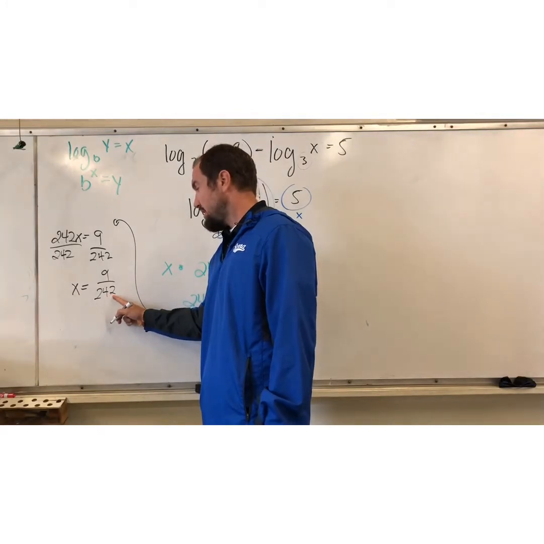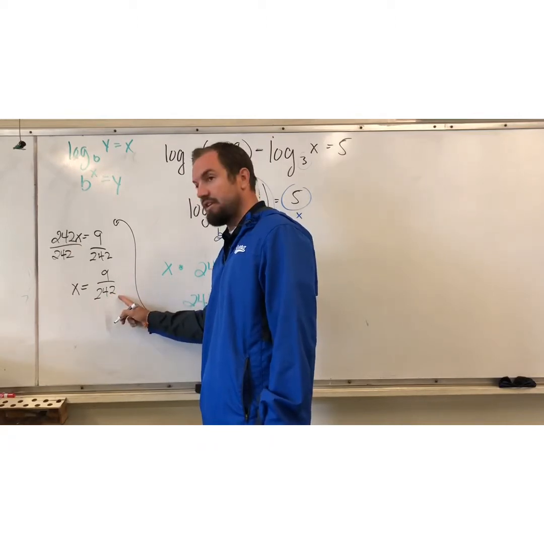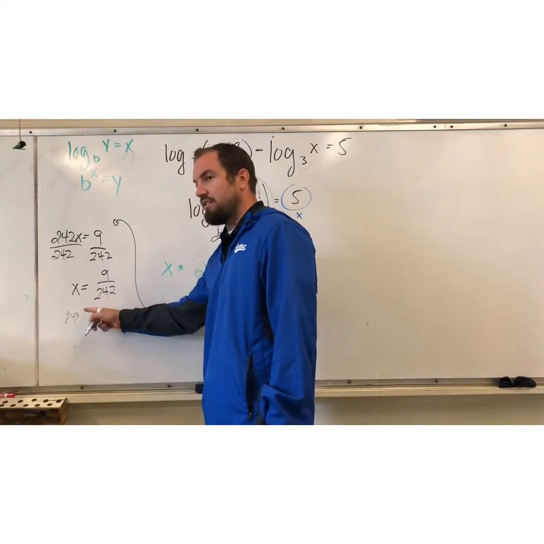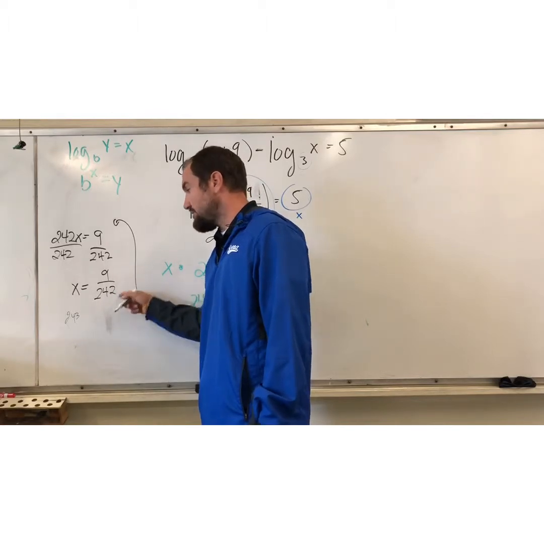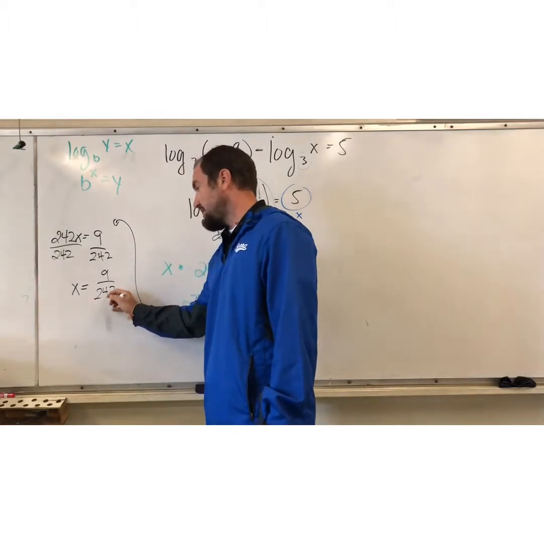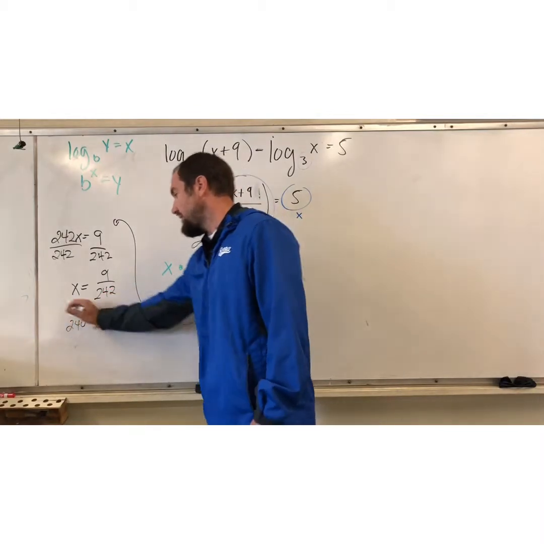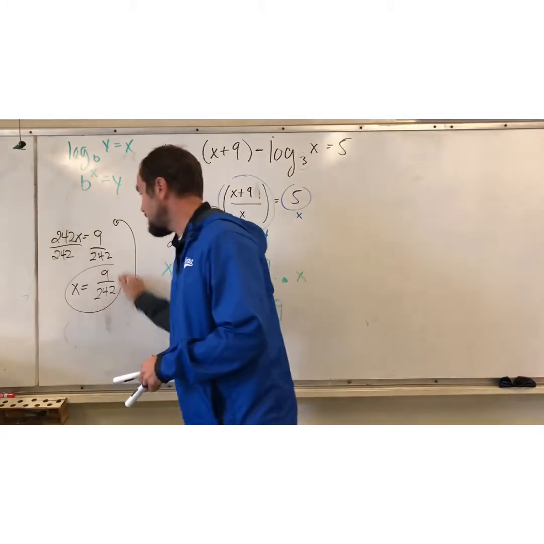And if 3 is not going to go into 2, then I know 9 also can't go into this. I know right away that's not going to be reduced. Just a little side note here, and this would be your answer.